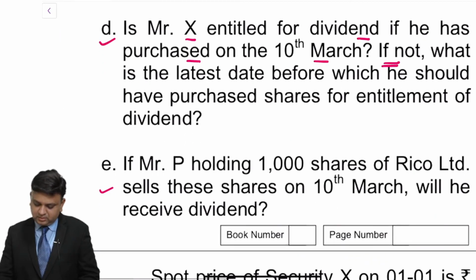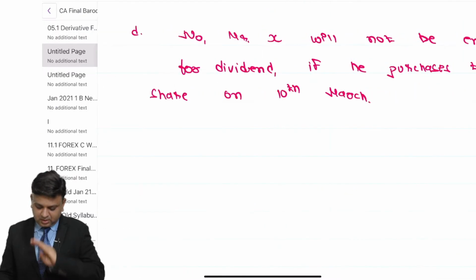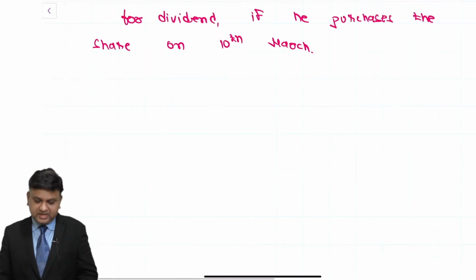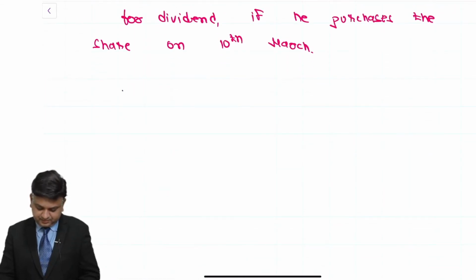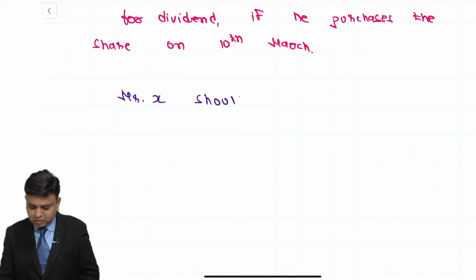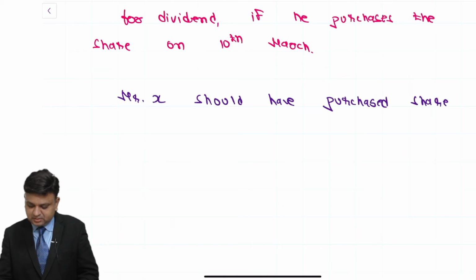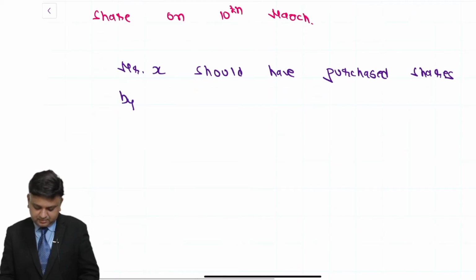If not, what is the latest date before which he should have purchased shares? Answer is very simple once again. Mr. X should have purchased shares by 9th March.